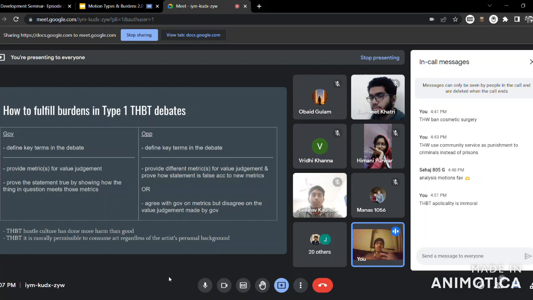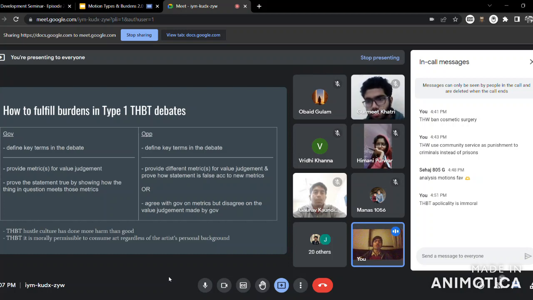But if you have a line of attack on the other side as well, itna बोल के you can say that, okay, even if you don't agree with our metric, let's take your metrics. Even in your metrics, we don't think that apoliticality meets those metrics, or apoliticality is not something that causes those problems that you are worried about. So you can launch an attack both ways.